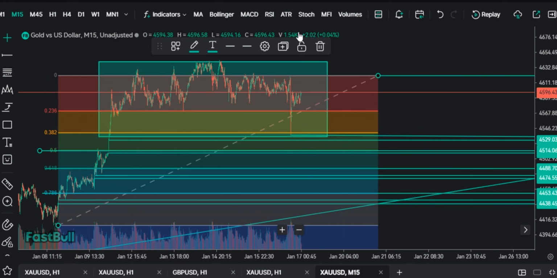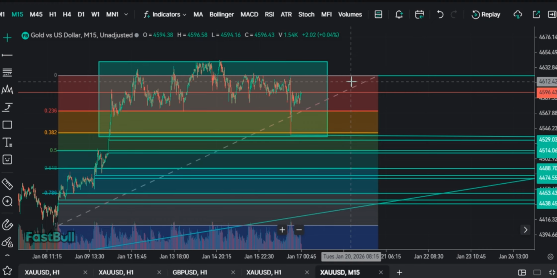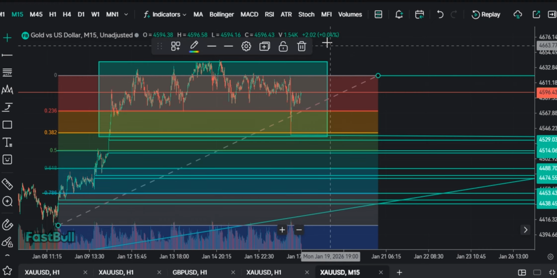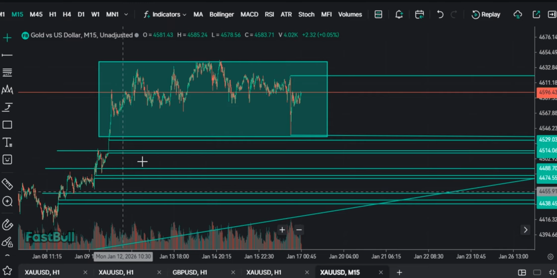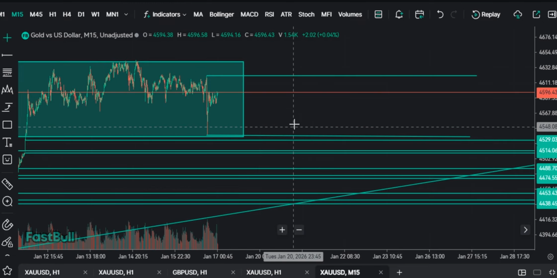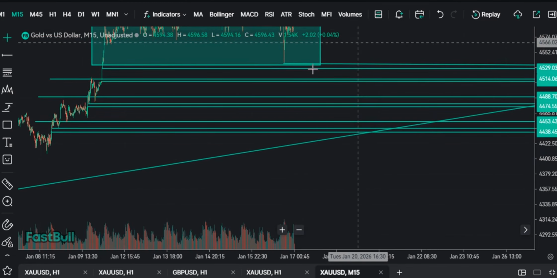Okay, and then yes, guys, you can see that's actually a zone that you can see.